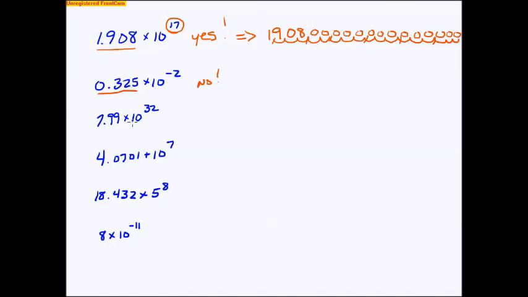We look at this next one down, 7.99 times 10 to the 32nd. That number is greater than 1 and less than 10. I've got the multiplication sign here, and I've got a 10 raised to a power, so yes, that is in scientific notation. Again, I want you to get in the practice of converting it to a standard number. Let's not write the whole thing out, but how many zeros would I have?